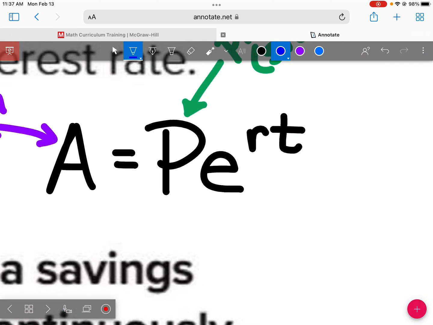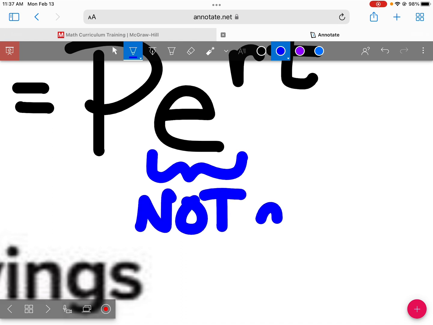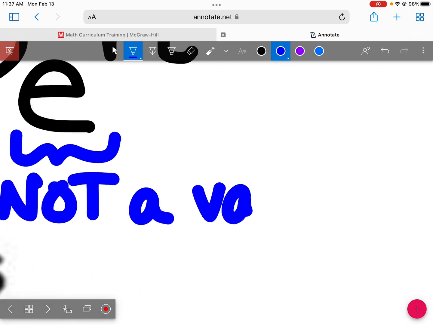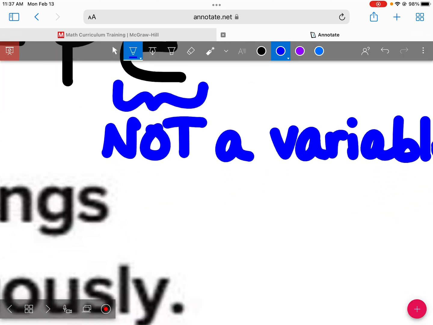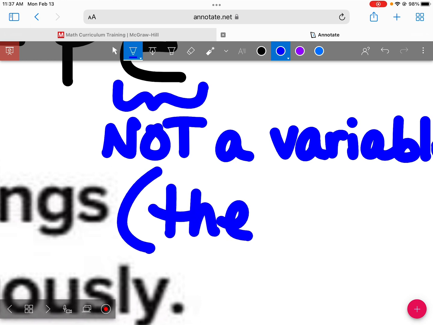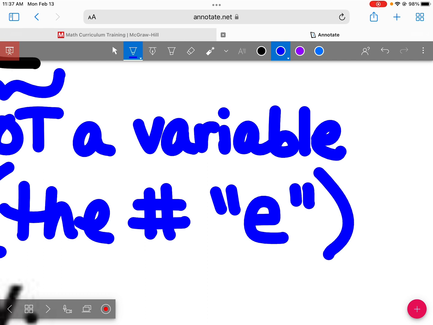The E is not a variable. We will not substitute anything in the place of E. This is the number E. Do you guys remember on Friday I showed you how to find the number E on your calculator, just like pi is on the calculator?